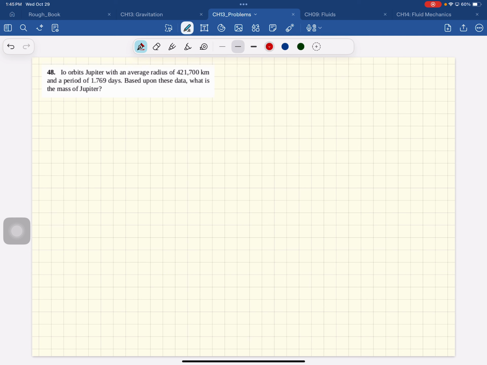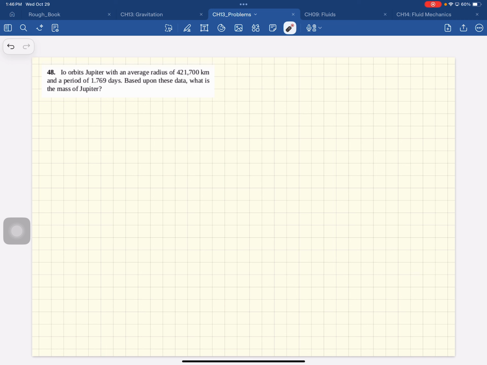All right, we'll just do one more problem. This is using Kepler's third law. Io orbits Jupiter with an average radius of that many kilometers and a period of 1.77 days.